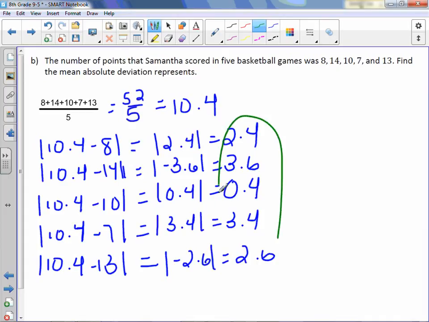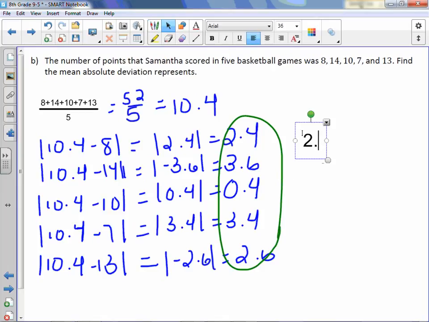So to find the MAD, we're going to average these numbers together. So we have 2.4 plus 3.6 plus 0.4 plus 3.4 plus 2.6, and we're going to divide that by 5.